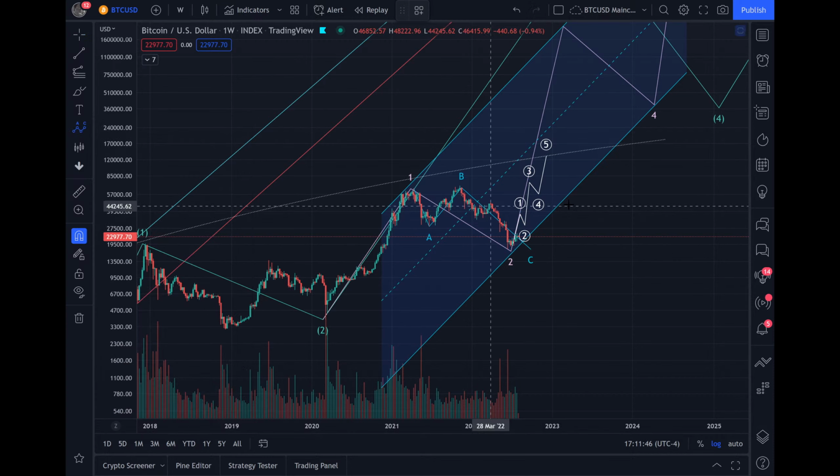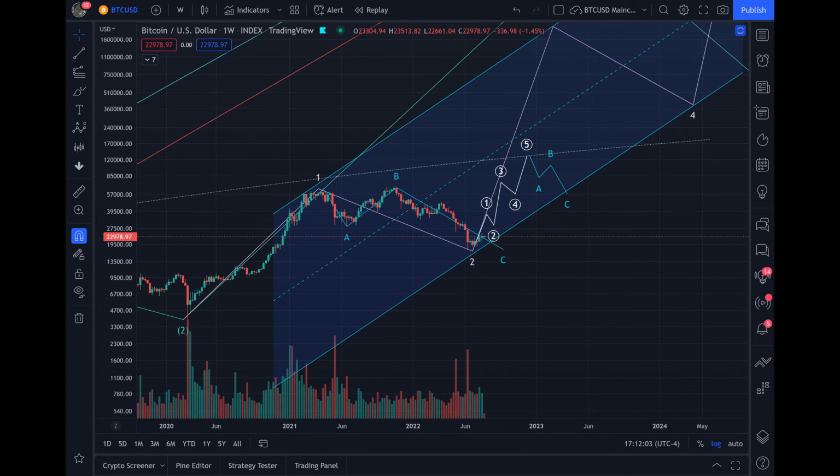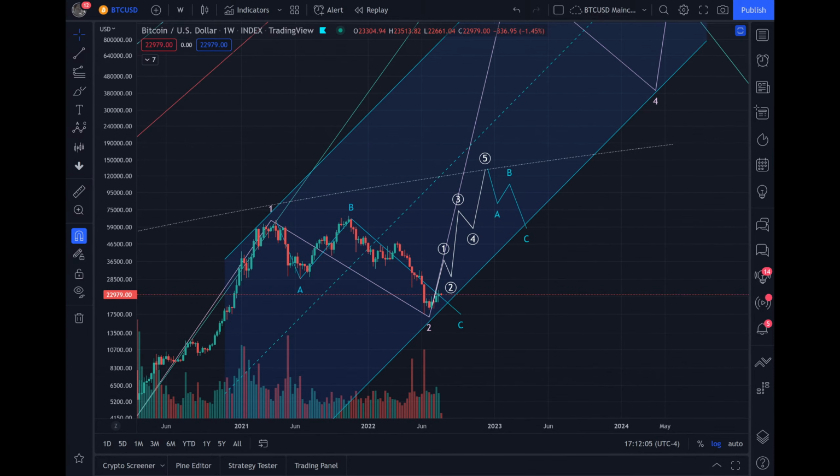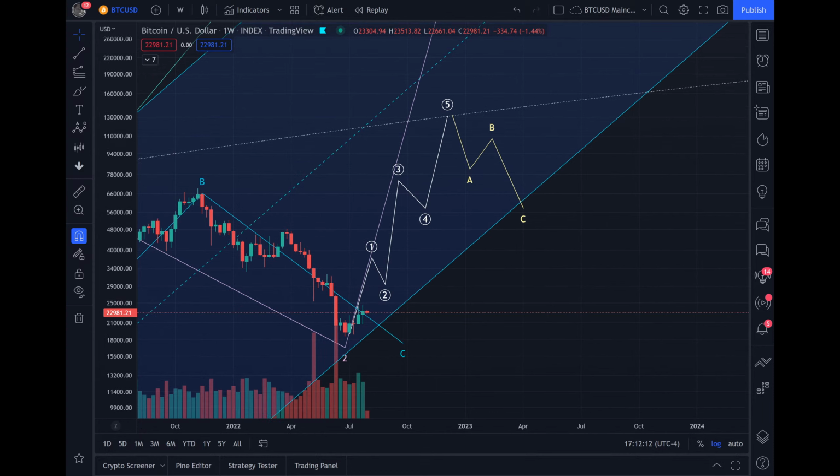Since it's the first, this would be wave 1, right? This would be a larger wave 1. You could expect a sharp correction all the way down back to 60K. Something like this. Okay, do you see that? I'm going to zoom in. I'm going to make this a little different color. I wouldn't be surprised if that's what we got once we hit 100K.